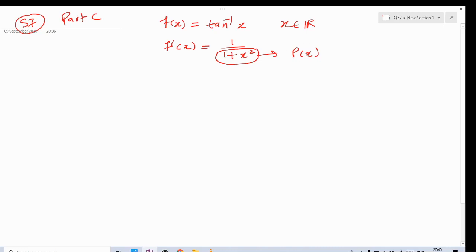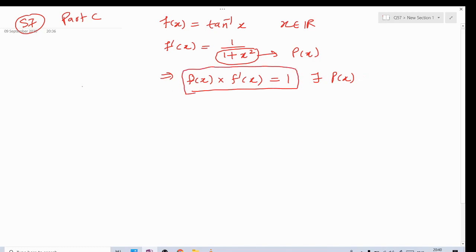If we take this p of x to the left hand side, I will get p of x into f dash of x equals 1. Is this our first option? Obviously yes. So we got a polynomial p of x such that p into f dash equals 1. What does this mean? It means the first option is correct.